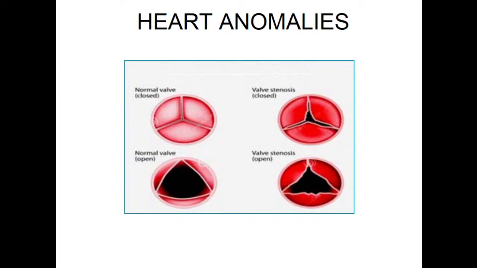But I am now speaking about the upper line: normal, and then stenosis, when in the closed condition the valve does not close fully and leaves a little space, and when the heart presses and gives out blood from the heart into the aorta, some part of the blood can return.